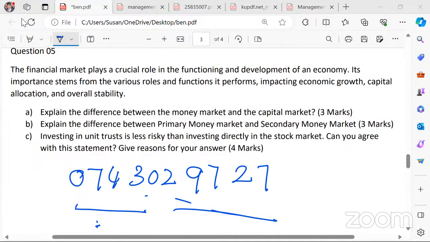And in the secondary money market, primary dealers and commercial banks can sell their securities to the general public, buying and selling securities with the general public, right? That is the difference between primary and secondary money market. But the general public doesn't have the opportunity to buy those directly from the central bank.